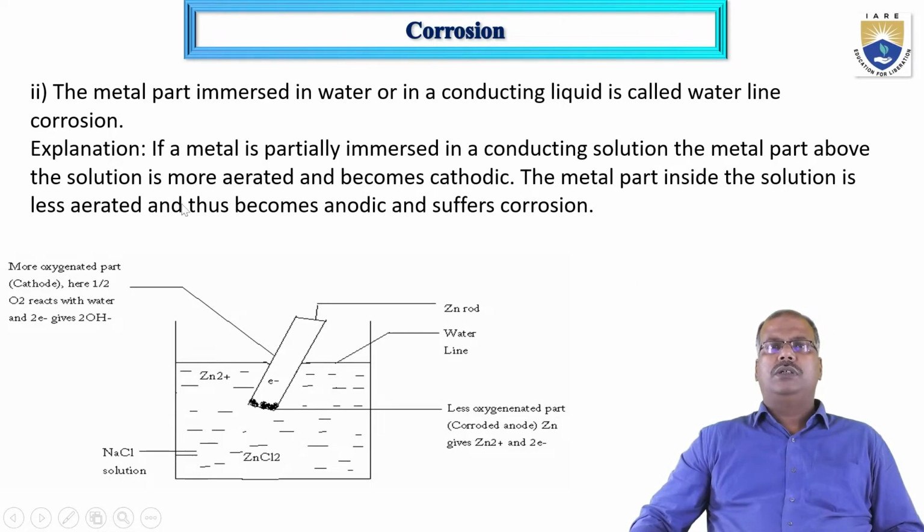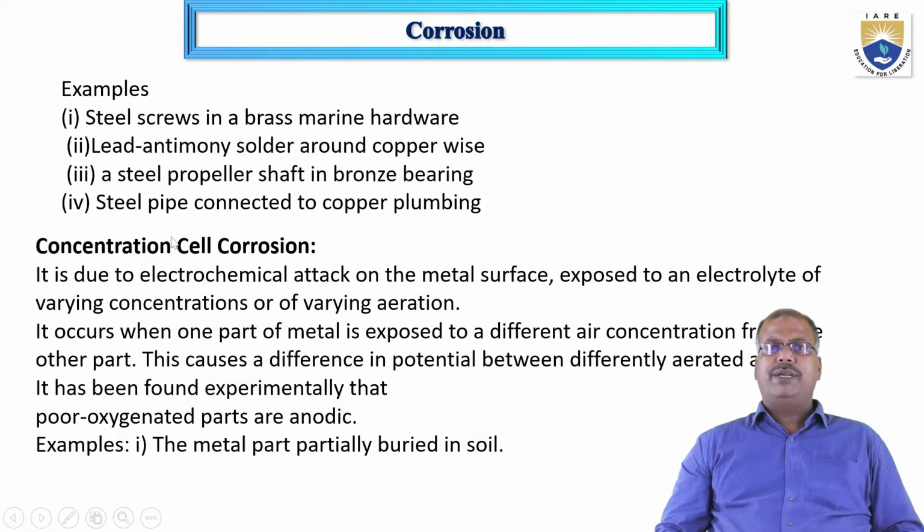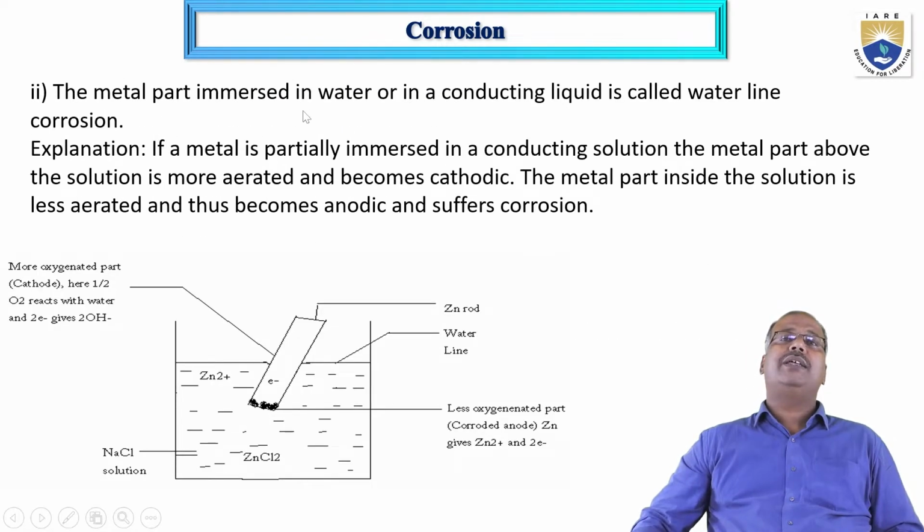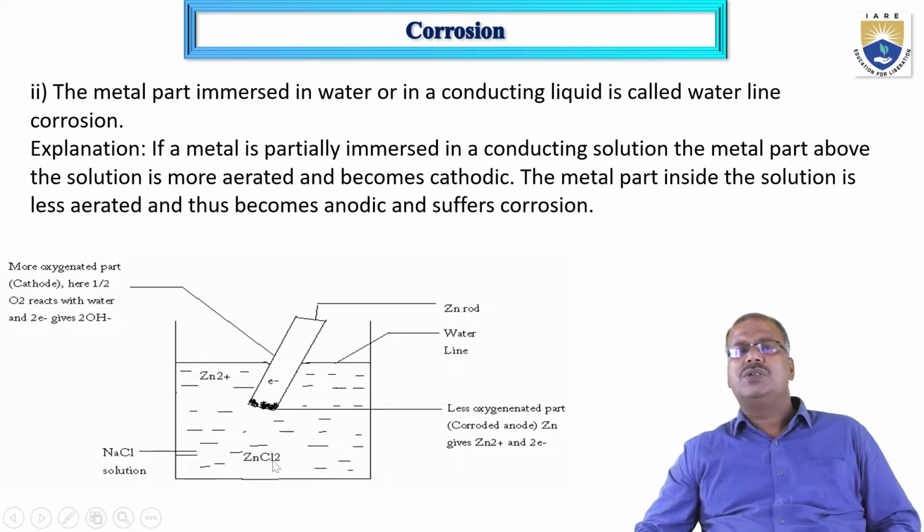One example we have seen, metal part partially buried in soil. Another one is metal part immersed in water or in a conducting liquid, which is called waterline corrosion. For example, a zinc rod in zinc chloride solution, Zn2+.